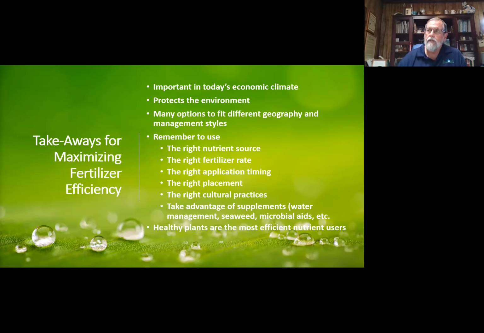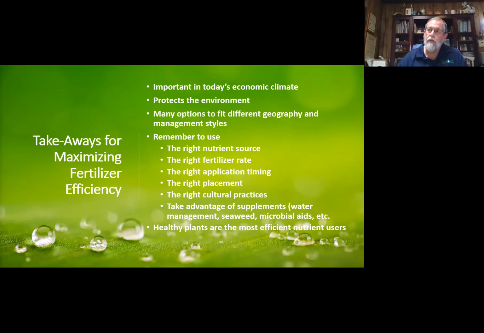So we need to make sure that all the nutrients we put out are taken up by the plant. There are many options that fit different geographies, different management styles. There's liquids, there's granulars, there's all sorts of different soluble versus controlled slow release. All of these can come together in a strategy to maximize your fertilizer efficiency.